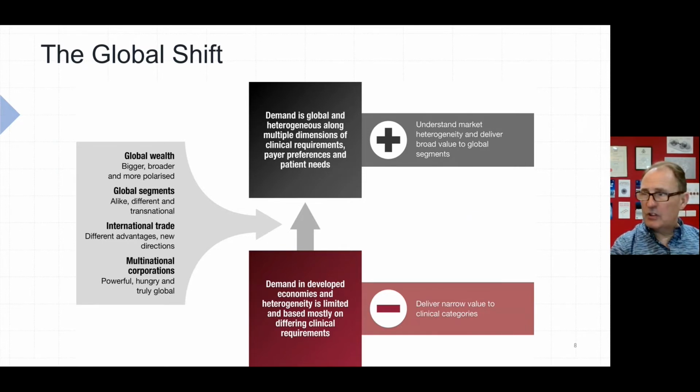The point of this shift is that it changes the selection pressure away from favouring business models that can only define value narrowly according to clinical categories, and it favours business models that understand this market heterogeneity and deliver broad value across segments that are spread across the globe. So, for instance, I often say that what companies need to do now is to understand that a rich patient in Boston has more in common with a rich patient in Shanghai than with a poor patient in Boston.